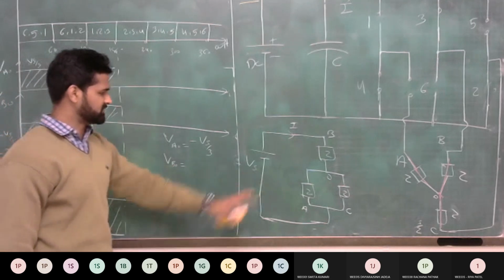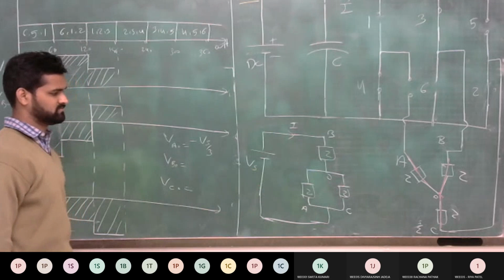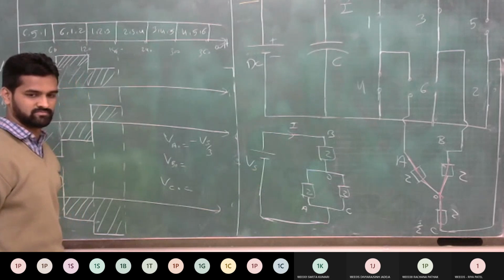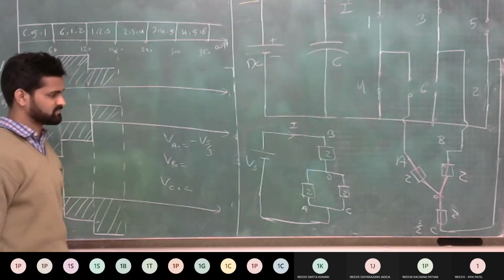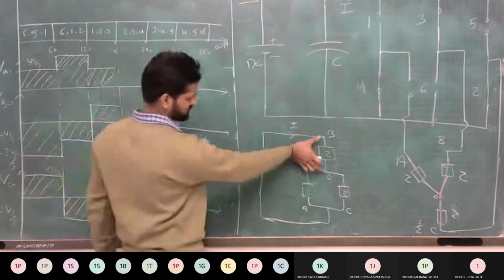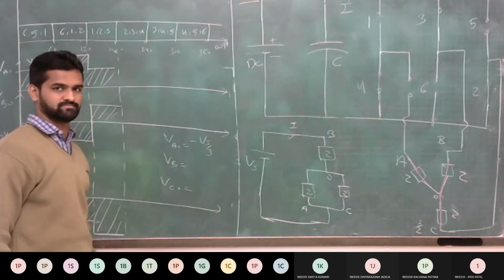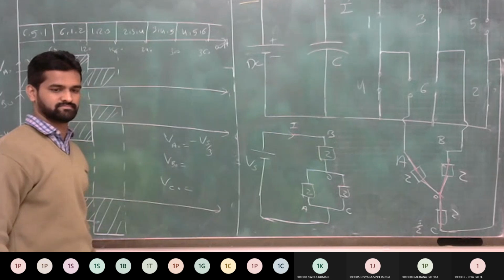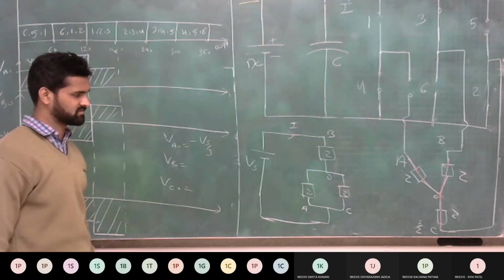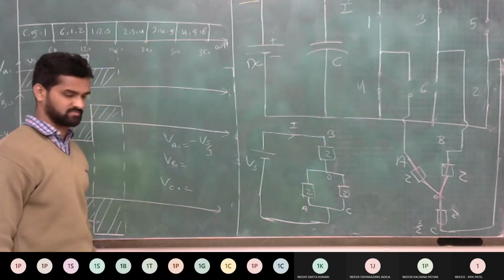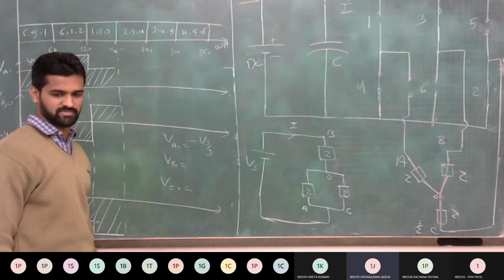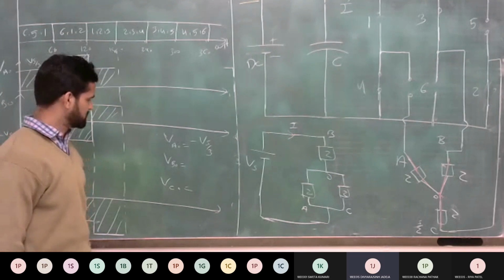See the equivalent circuit. This is VB0. It's a very simple calculation. 2 Vs by 3.